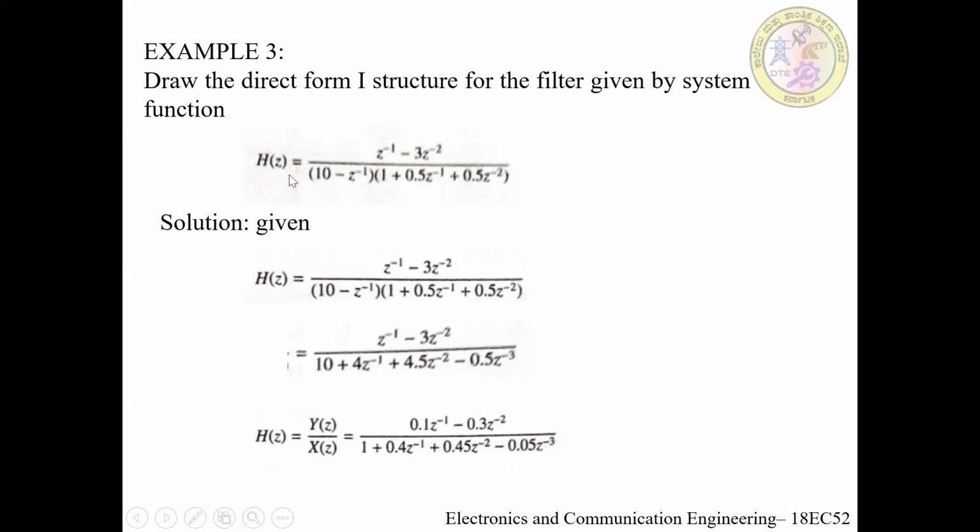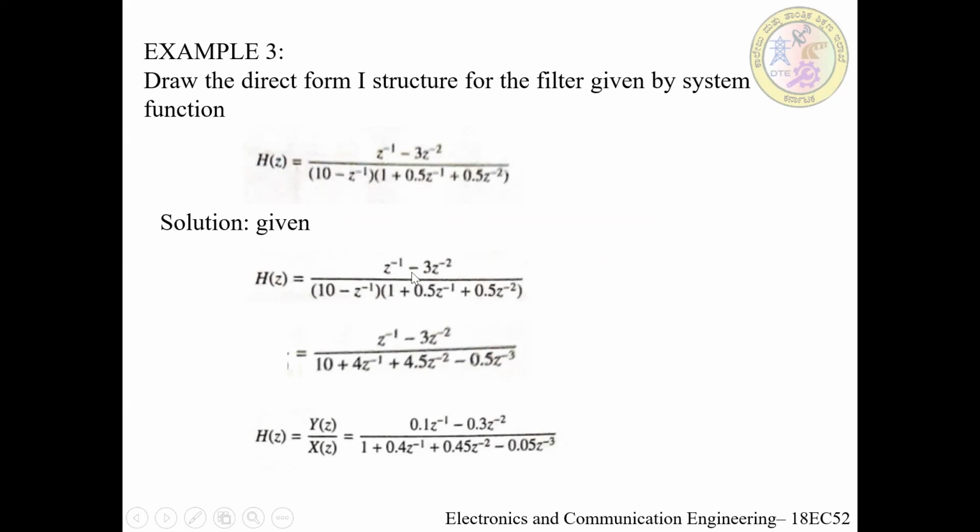So to begin with, we have to take the given system function, that is H of z is equal to (z to the power of minus 1 minus 3 into z to the power of minus 2) whole thing divided by 10 minus z to the power of minus 1 into (1 plus 0.5 z to the power of minus 1 plus 0.5 into z to the power of minus 2). This is the given transfer function.